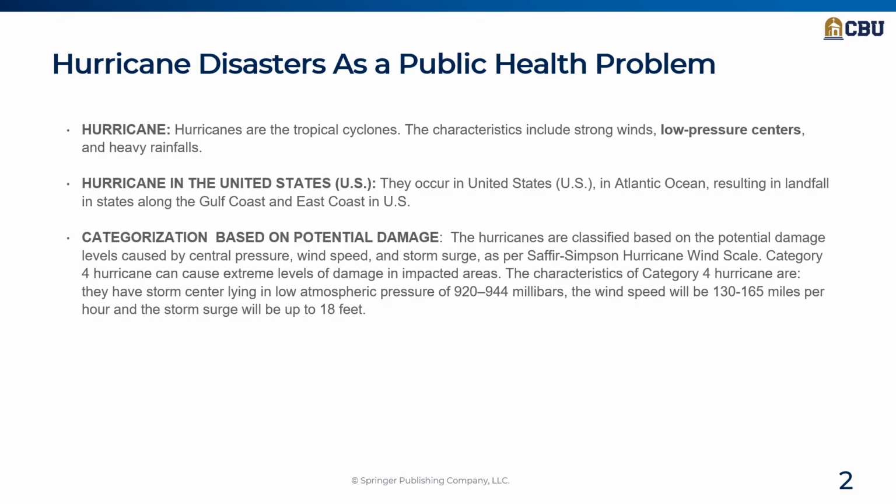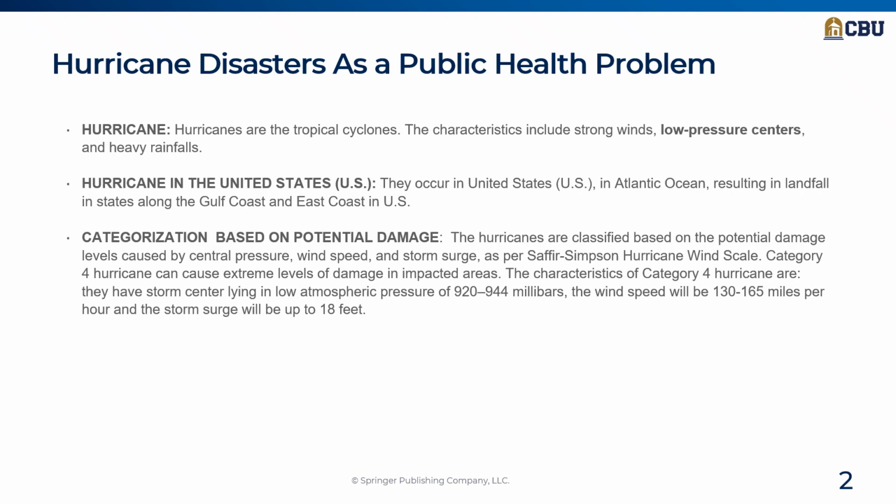The Saffir-Simpson hurricane wind scale considers wind speed, central pressure, and storm surge, which would be basically the ocean or body of water surging onto the land, causing severe damage, in most cases flooding. And then we use that Saffir-Simpson hurricane scale to categorize these hurricanes.